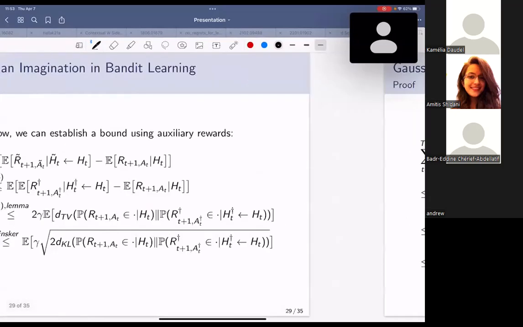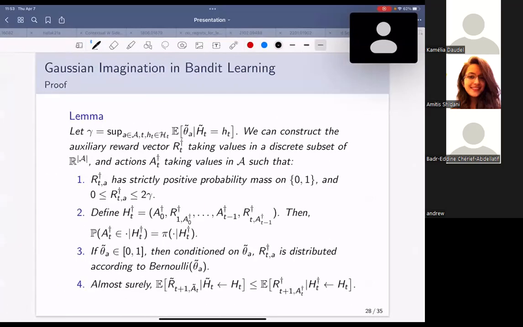Actually, I don't know the answer to the question, but in the lemma they had to construct the auxiliary reward. The last property basically says that even though the imaginary reward is an unbounded variable, its expectation is upper bounded by the auxiliary reward, which is a bounded variable.